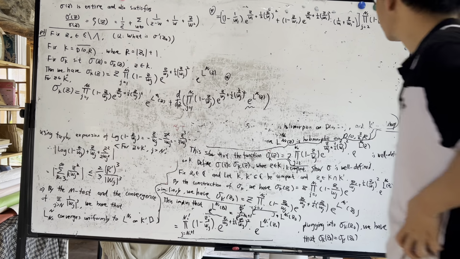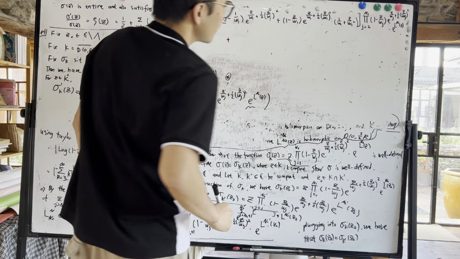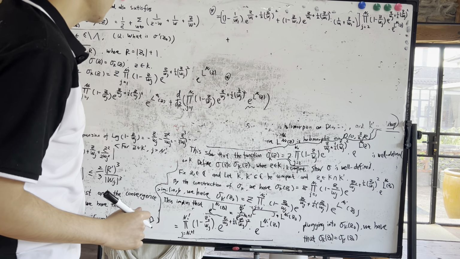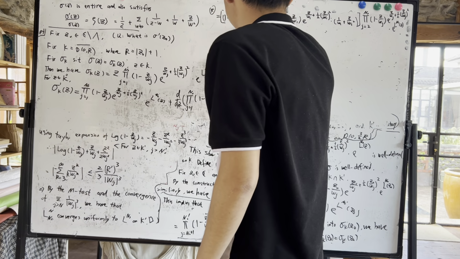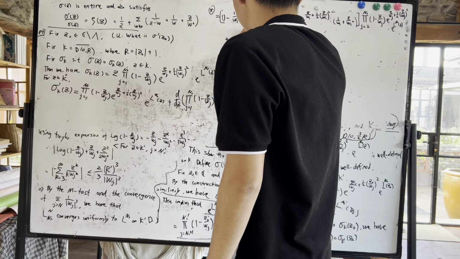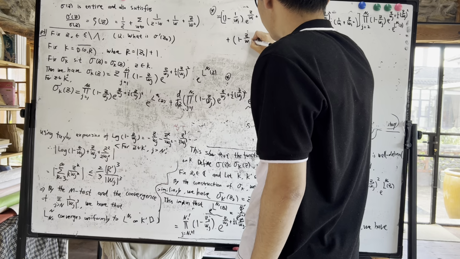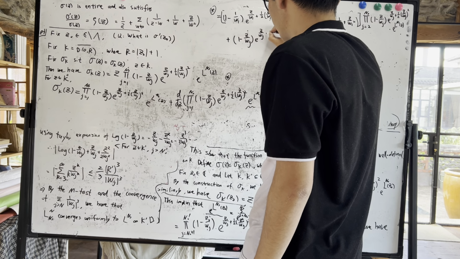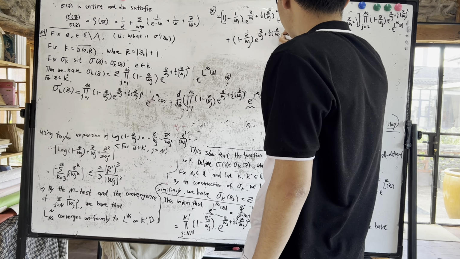And then plus. So now what's left should be the first term, right? So keeping the first term the same, which is 1 minus z over omega j e to the z over omega j plus 1/2 z over omega j.